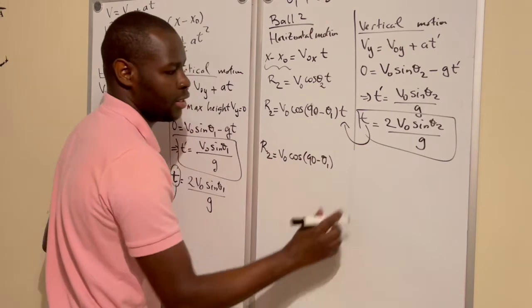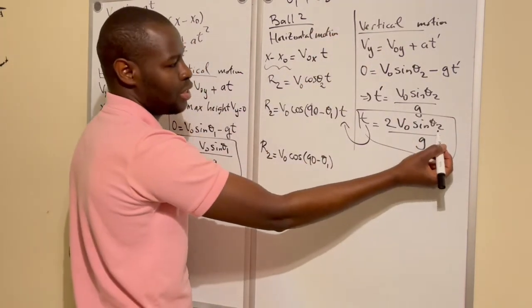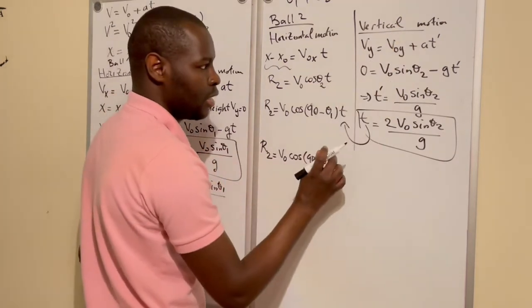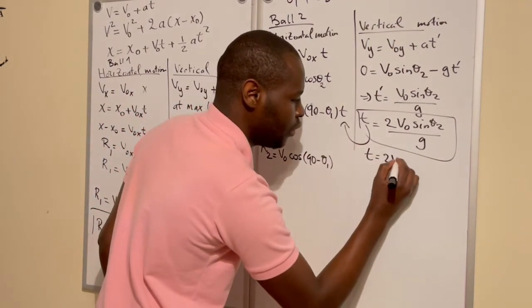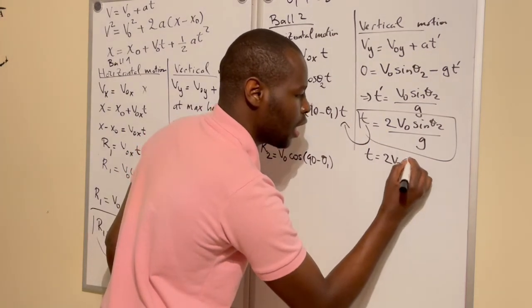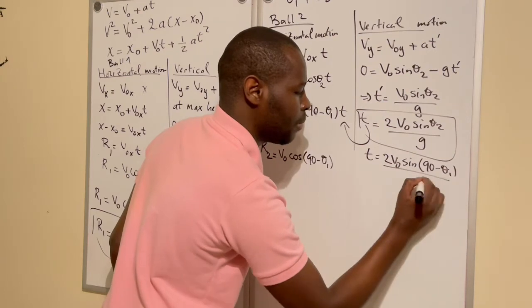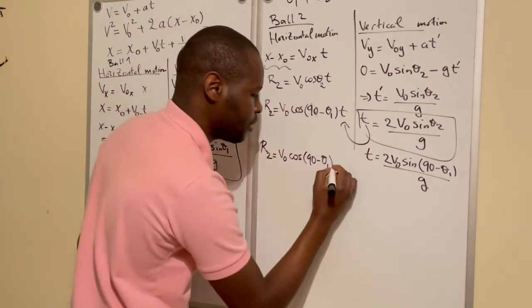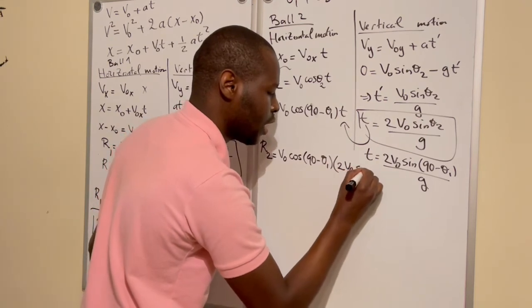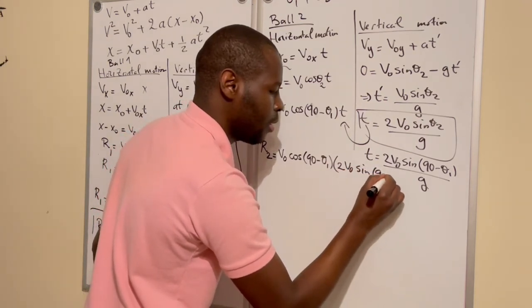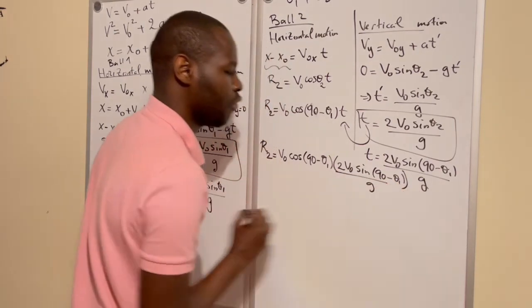Since theta 1 and theta 2 are complementary, with theta 2 equal to 90 minus theta 1, t actually equals 2V0 sine of 90 minus theta 1 divided by g. So go ahead and substitute that here.